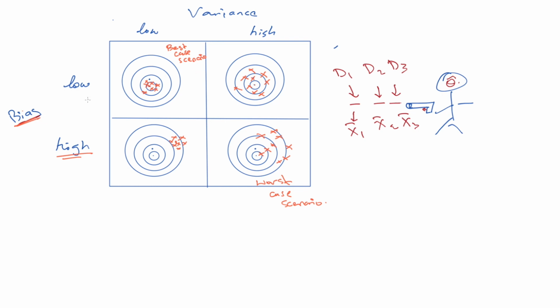So you need to pick the estimator that is the sweet spot between bias and variance. So the bias variance decomposition.